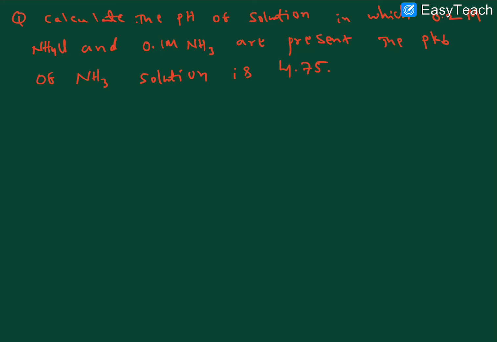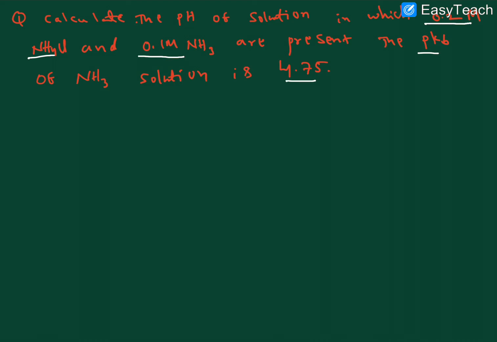Calculate the pH of a solution in which 0.2 molarity ammonium chloride and 0.1 molarity of ammonia are present, and the pKb of the NH3 solution is 4.75. Right, the question is very clear.